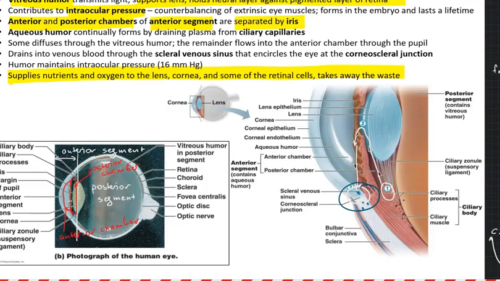Now you can imagine that if this production and drainage are unbalanced, especially if your ciliary processes produce more fluid than is drained, fluid will accumulate in the anterior chamber, and it will increase intraocular pressure and will lead to a condition known as glaucoma, which we'll cover today, but separately.